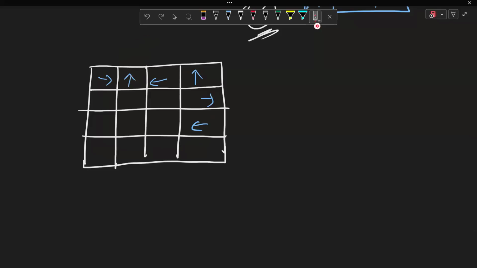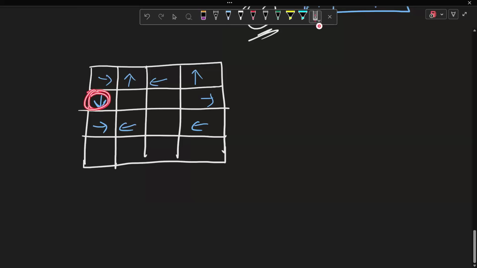But for those points, let's say this arrow, where you move towards here, now for this case, you don't know. Maybe if you move here, then you get freed. Maybe the arrow was, let's say, down, and then here the arrow was right and it was left, something like this.